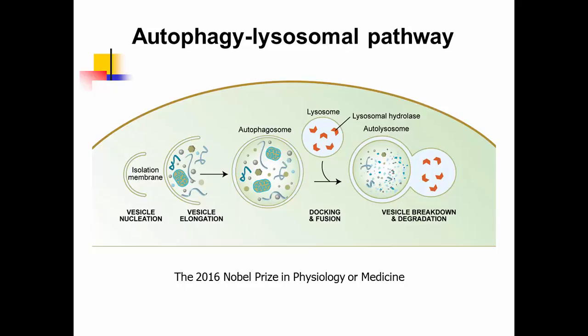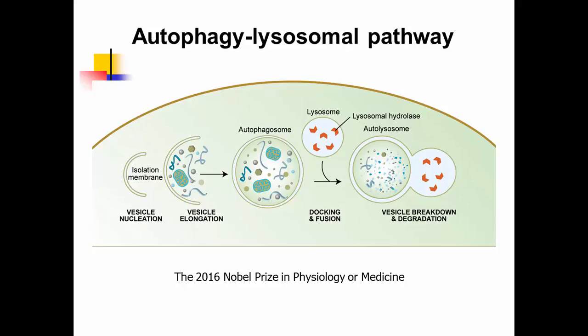So, for example, this is the vesicle. First of all, it's formed. This membrane, the autophagosome membrane, is formed from, I think, the Golgi system, and then it engulfs or surrounds some damaged proteins, lipids, and organelles like mitochondria, right?